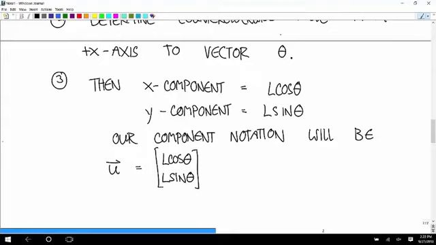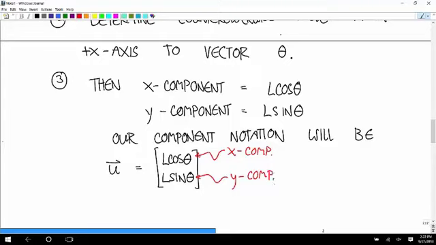It's just a way of writing the two components. And it's a concise way to write it. You don't have to say that this is the x component. If you put it on top, we know that it's the x component. The y component is always on the bottom.